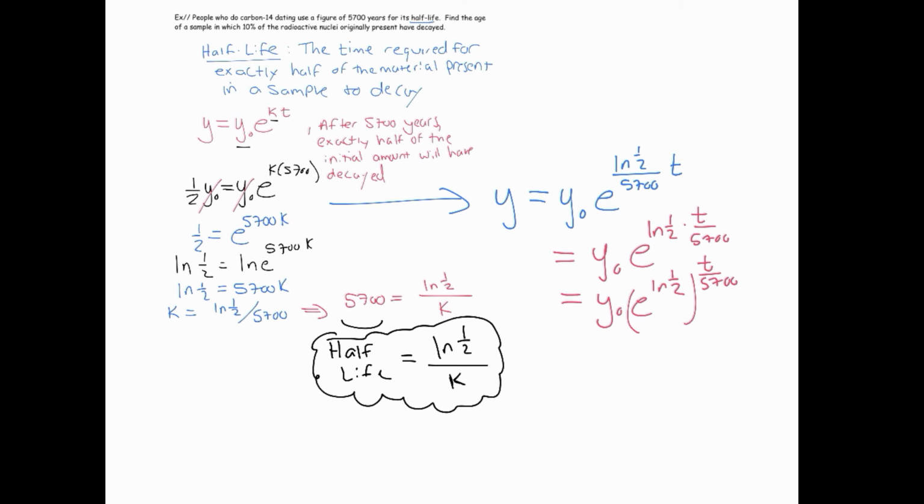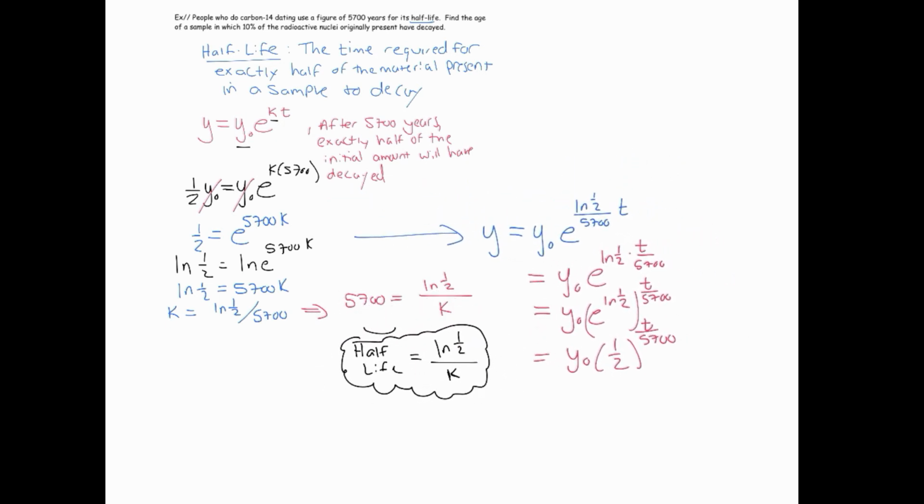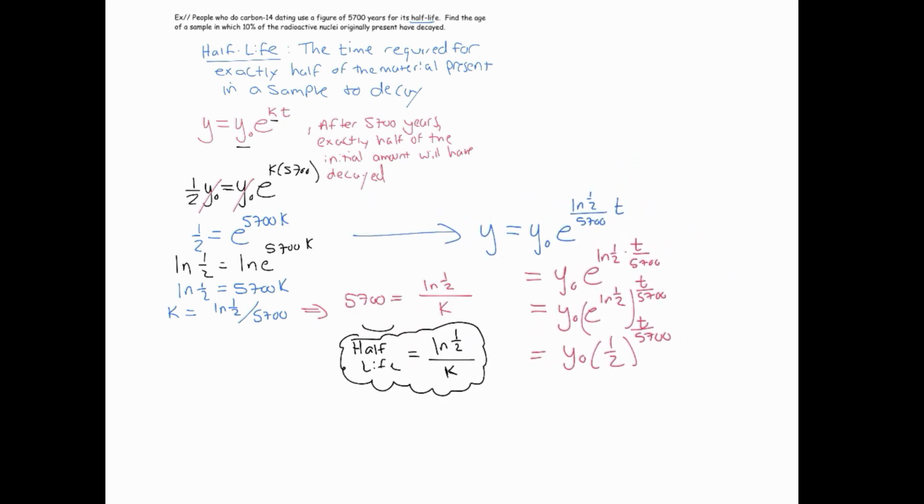And e to the ln of 1/2 is just 1/2. So this is where in your pre-calculus experience you were probably told that the half-life equation is always the initial amount present times 1/2 to the t over the half-life. Well, this is where it all comes from, this derivation. So there is our equation.